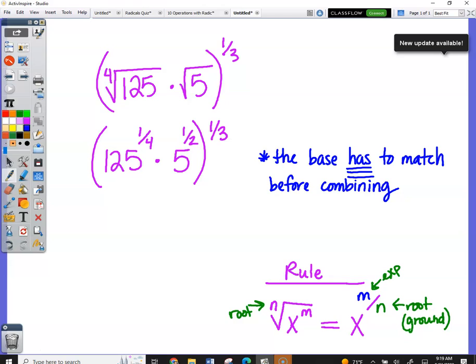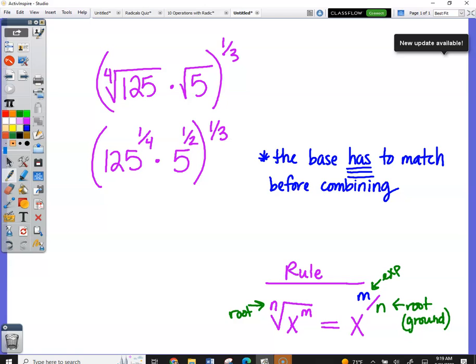This is why I like this problem. You've got to be manipulative with one of those numbers. Which one is it? 125. You need to manipulate it so that it has a base of 5. Enter a cube. What is the cube root of 125? 5. So I can rewrite that as 5 cubed.